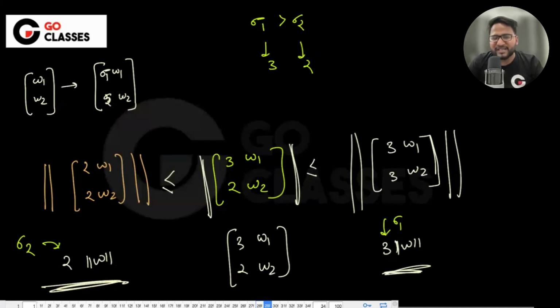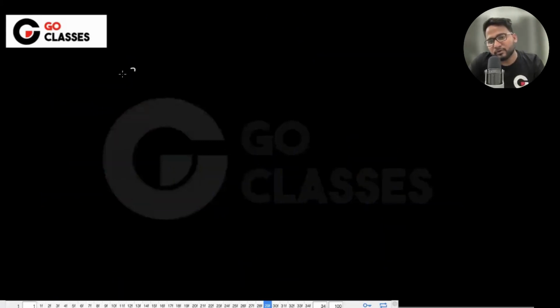So what I mean to say, maybe it is a little confusing, but let's suppose you have sigma 1, sigma 2 to sigma m in that order, which means generally we write in that order only. I told you multiple times that we write in that order only, that sigma 1 is greatest.